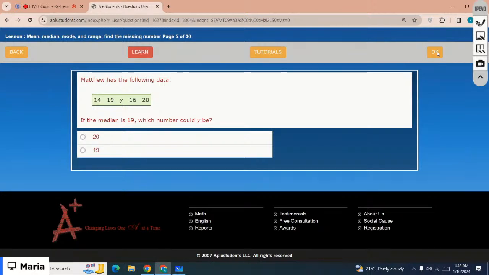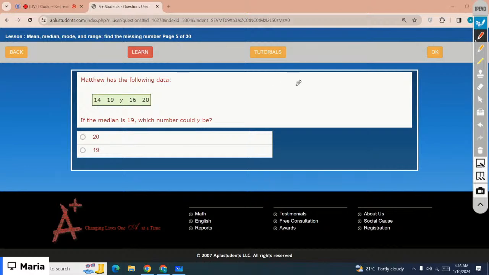Matthew has the following data. If the median is 19, what could Y be? Which is the correct option? Median means the number that is exactly the middle one, right? Before 19, you have all the numbers that are less than 19, and after 19, you have all the numbers that are greater than 19. Less than 19 are 14 and 16.